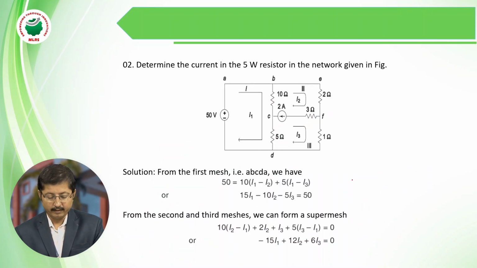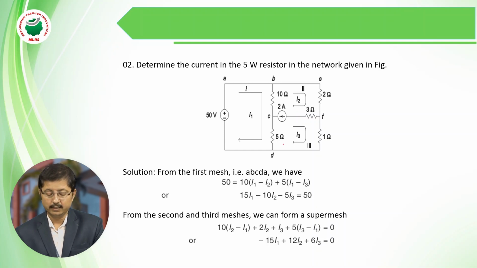Now let us see one more problem on the super mesh concept. By looking at the circuit, we can see that for loop 2 and loop 3 the current source is common. Just now we said that whenever the current source is common for two loops, we apply the super mesh concept.